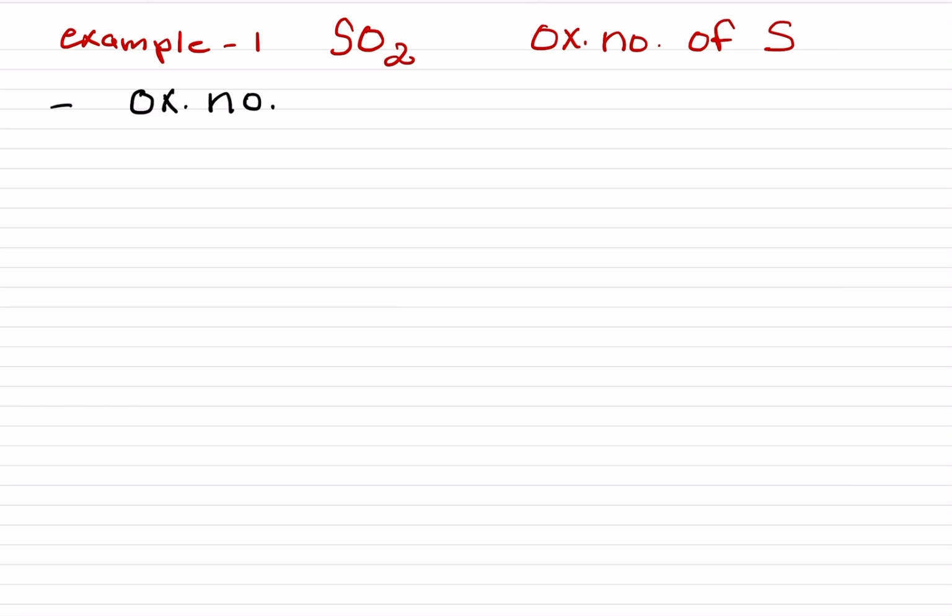So the oxidation number of each oxygen atom equals -2. If we go to the rules in the first two pages, we'll see it is rule number 9.